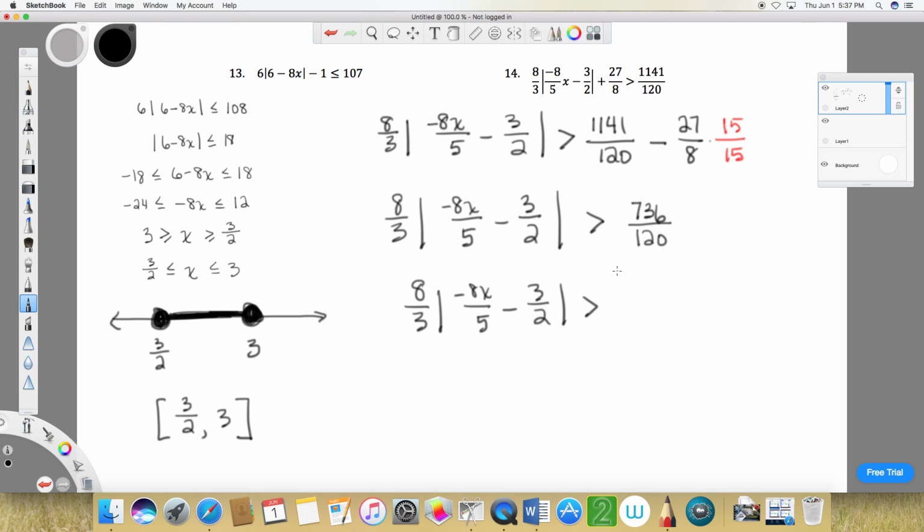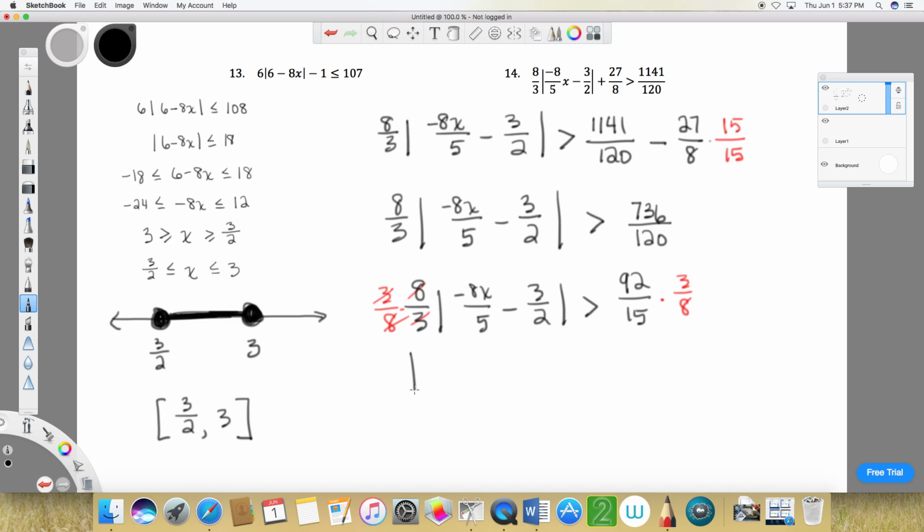Greater than 92 over 15. So to get the absolute value by itself, this coefficient, I'm going to multiply by the reciprocal. The reciprocal of 8 over 3 is 3 over 8. When you multiply reciprocals that are non-zero together, the product is 1. If I multiply the left-hand side by 3/8, I've got to multiply the right-hand side by that.